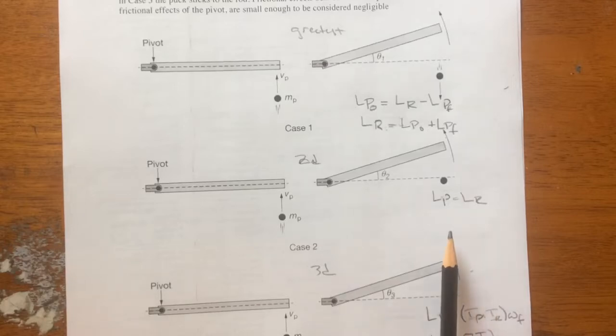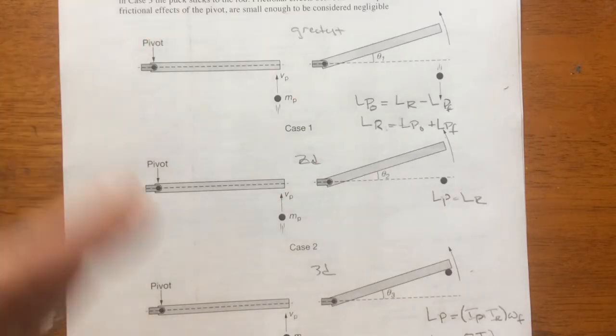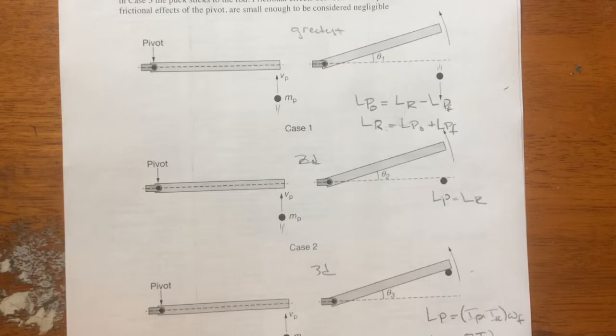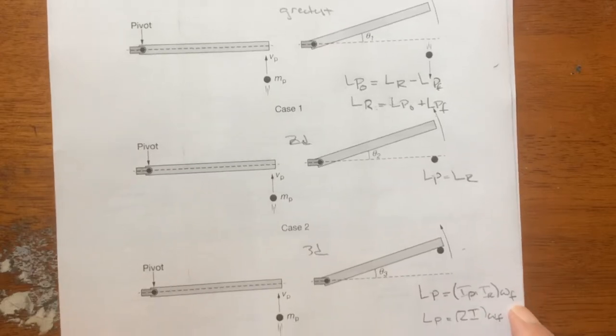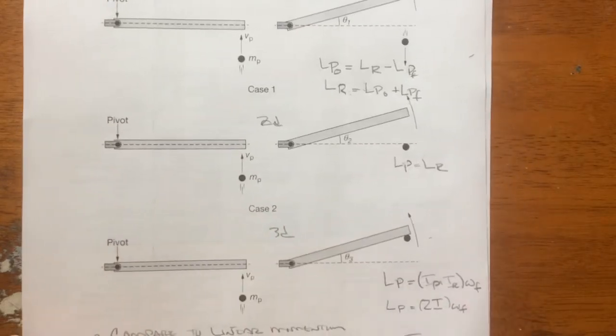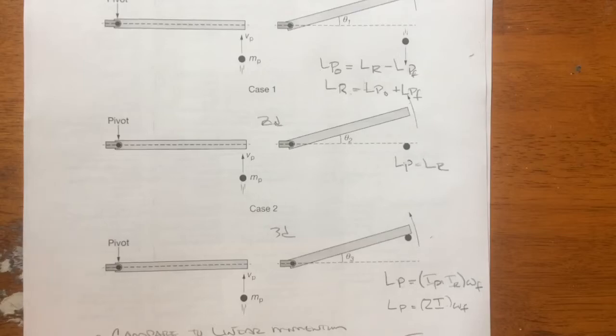This one, it's like a collision where the momentum is transferred. So the momentum of the puck becomes the momentum of the rod. This last one is like a totally inelastic collision. That's a special case. Recall in collisions, elastic applies if kinetic energy is conserved. If it's not conserved, it's inelastic. And there's a special case of inelastic where they stick together, and that's what this is.